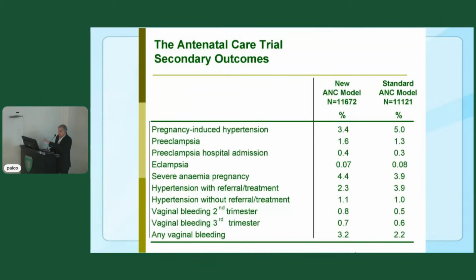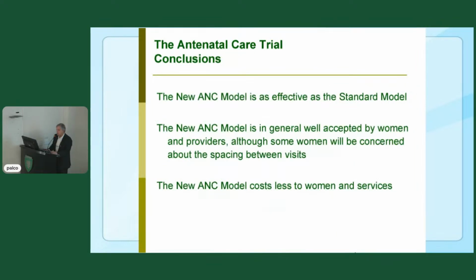And then we go on, again, to show the percentages in a more structured way, pregnancy-induced hypertension. I'm looking at a lot of other things. And there are some differences, but pretty much the same. Not a big difference, right? Anywhere except for pregnancy-induced hypertension. It looks like a little bit higher in one group than the other, but altogether it's about the same. So the new ANC model is as effective as the standard model.